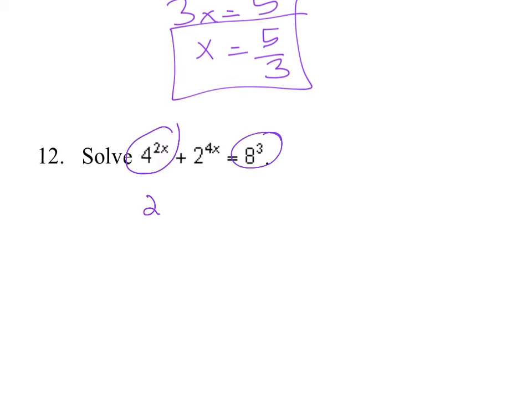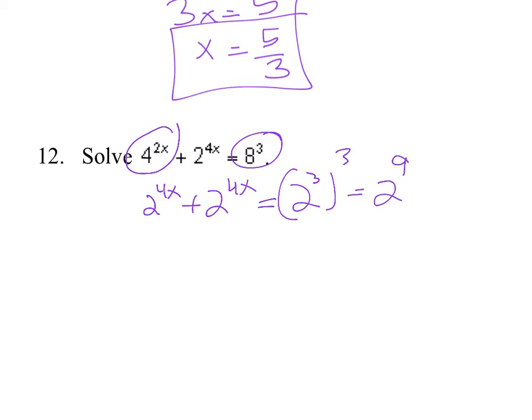So this becomes 2 squared. 4 is 2 squared, to the 2x, those two 2's become 4x. So notice I have 2 to the 4x. 8 is 2 to the 3, to the 3. So this is going to actually end up 2 to the 9, 3 times 3.